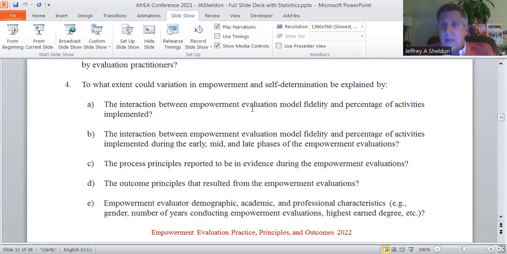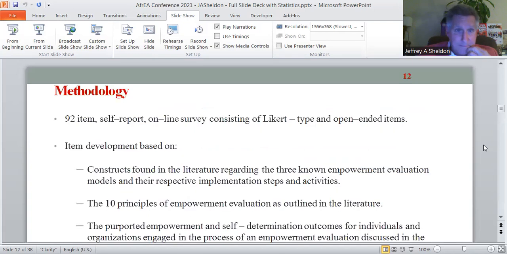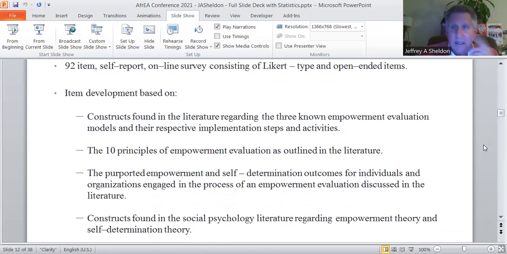When you break empowerment evaluation apart, if you're doing all the activities and adhering to all the principles, then according to theory, empowerment and self-determination should result. Okay, so here's the methodology.